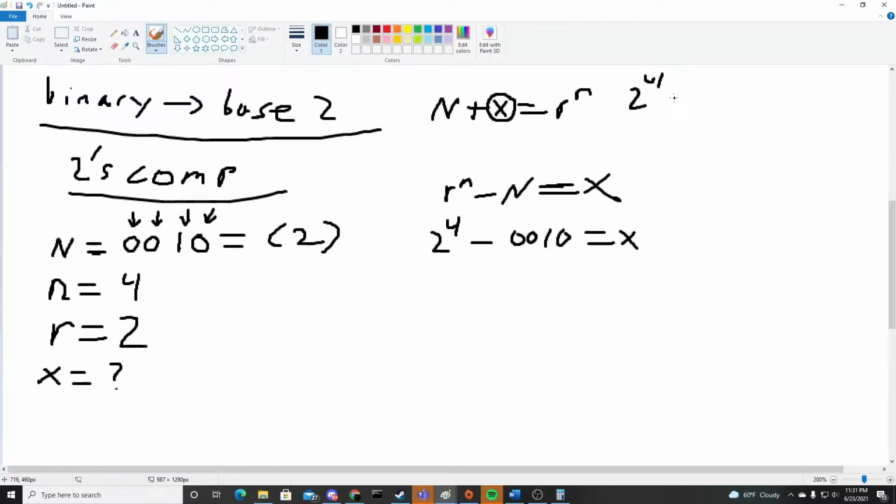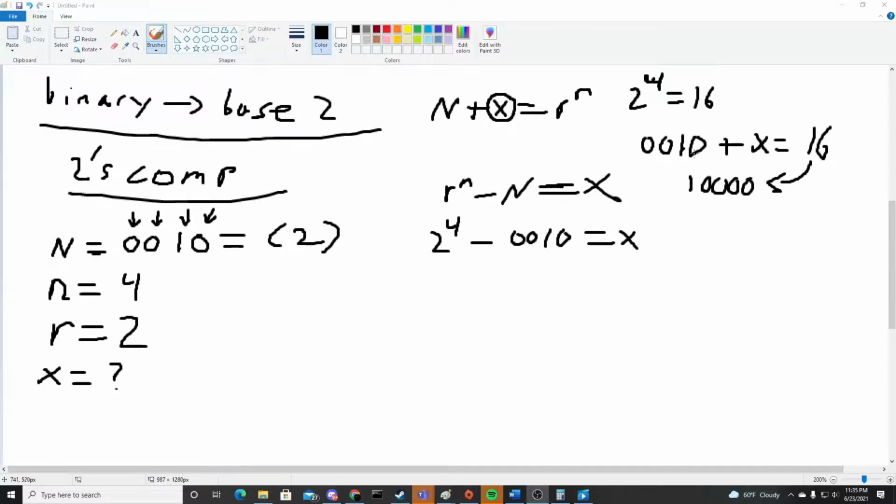And so if we simplify out the 2 to the 4th here below, this is equal to 16. And so what we're really trying to find then, and let's fill in our capital N here, is a number that when added to 0, 0, 1, 0, which is our N, which is just 2 in base 10, if we converted that to decimal, so we'll say plus x, which is the number we're trying to find, would be equal to 16, or if we converted that to binary, 1, 0, 0, 0, 0.